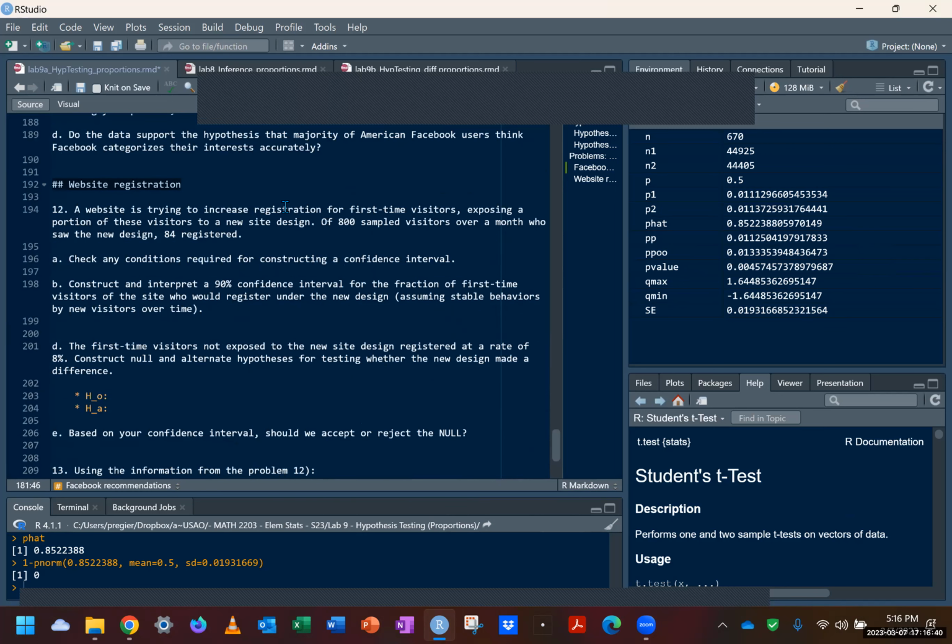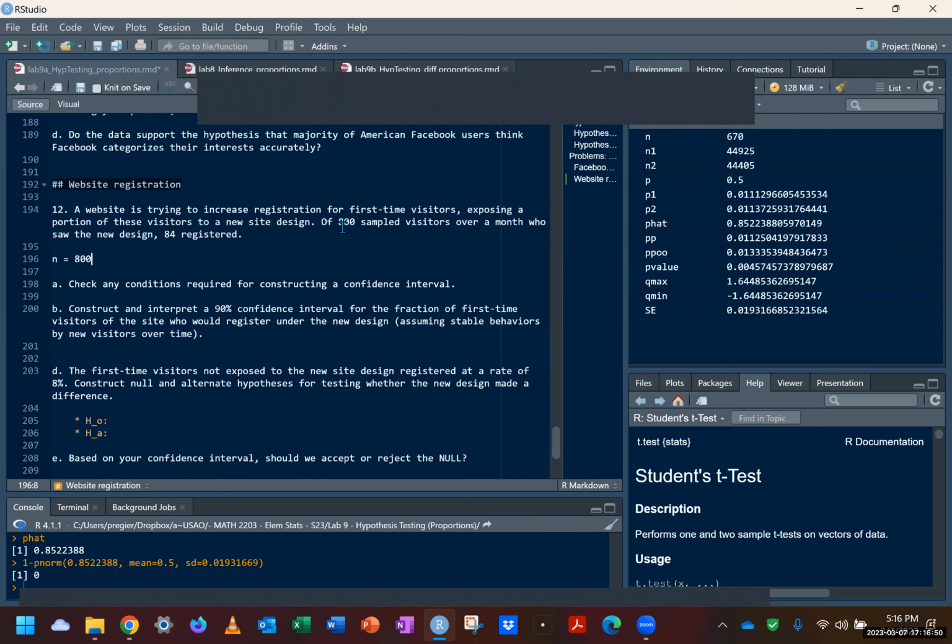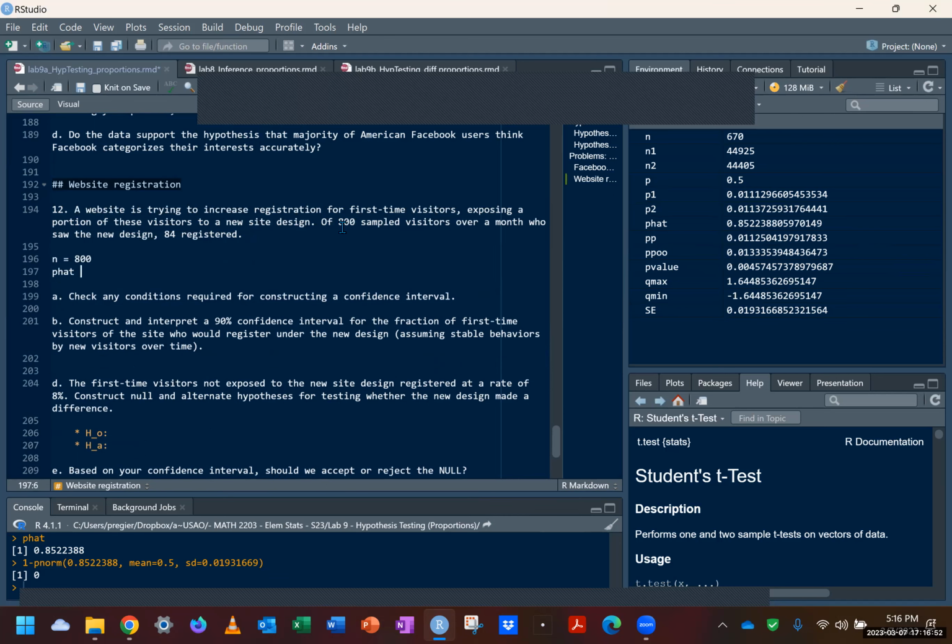Okay, question 12 says first time registration for visitors to a new website, of 800 people, that's n equals 800, p hat 84 registered. So that would be the proportion of people who registered. That would be 84 divided by 800 registered.